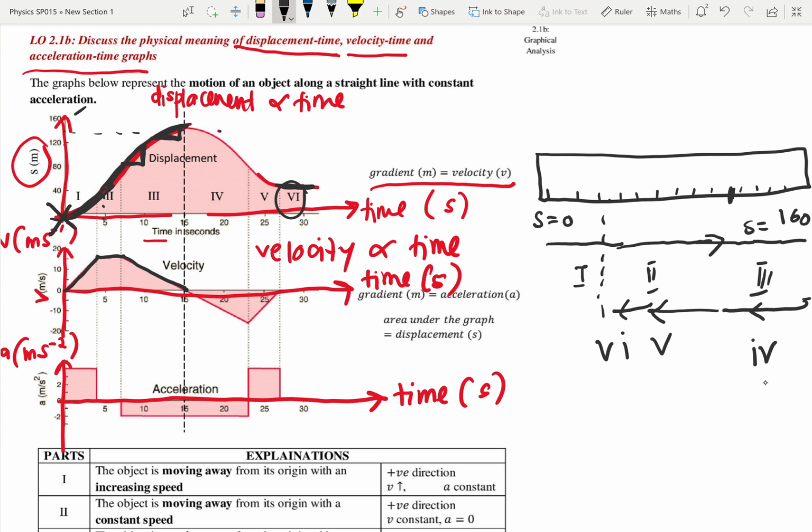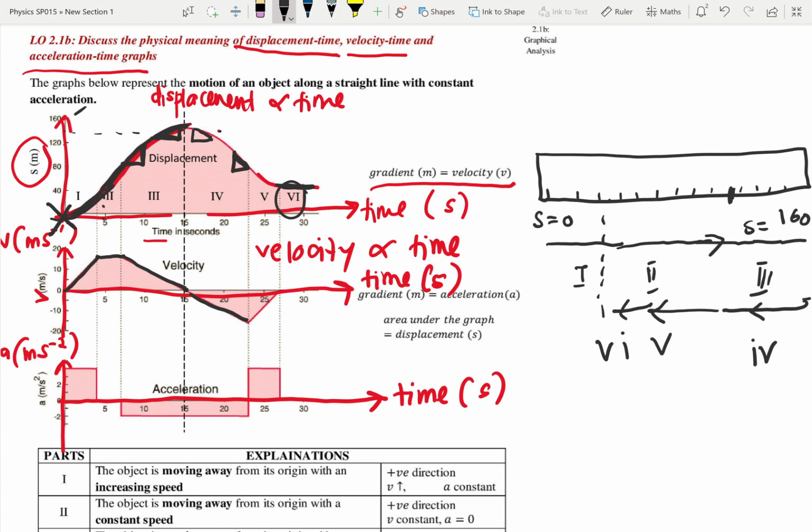Part 4. This is the tangent. Oh, okay, the gradient is increased, right? The gradient is increased, so the velocity is increased, but the direction is to the left, or moving in the opposite direction.